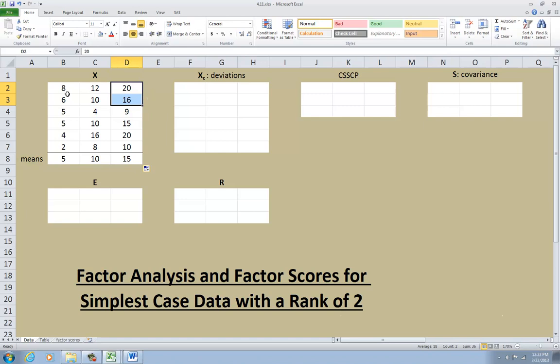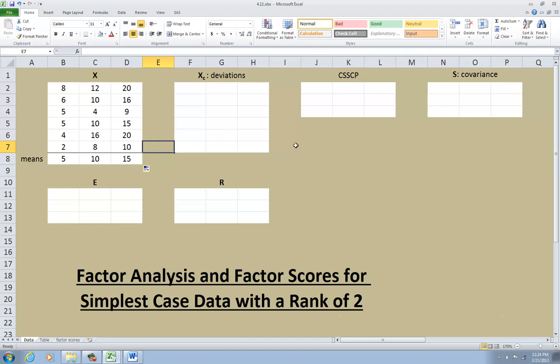So 8 plus 12 is 20, 6 and 10 is 16, 5 and 4 is 9. And that continues throughout. That is what makes this a matrix of rank 2 as opposed to rank 3, because variable 3 is a linear combination of the other 2 variables.